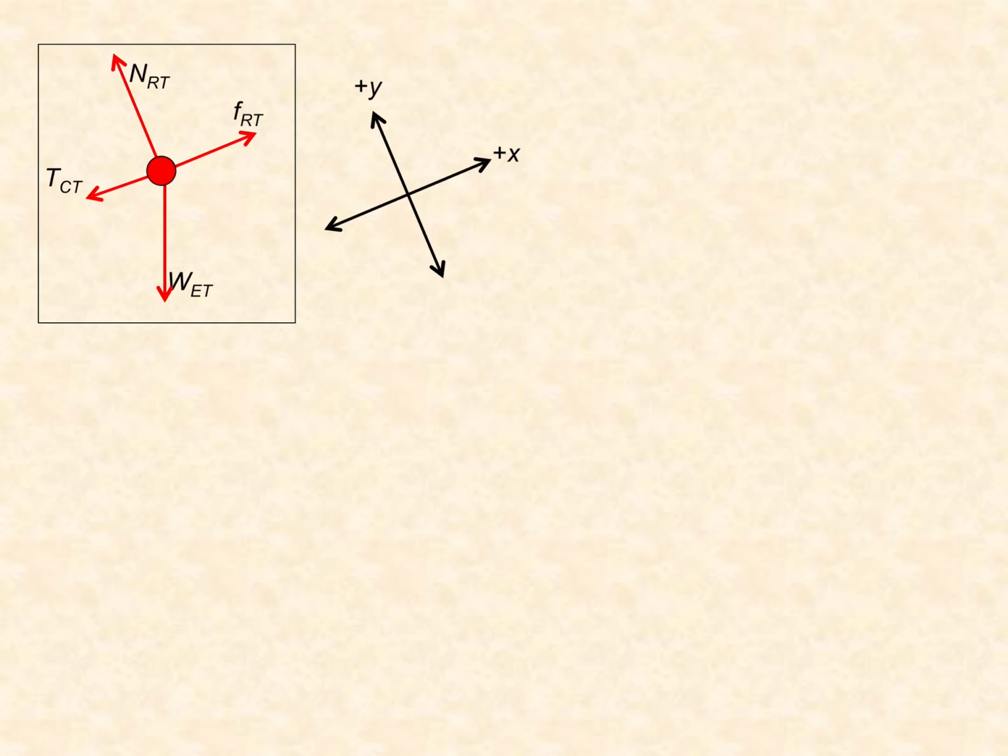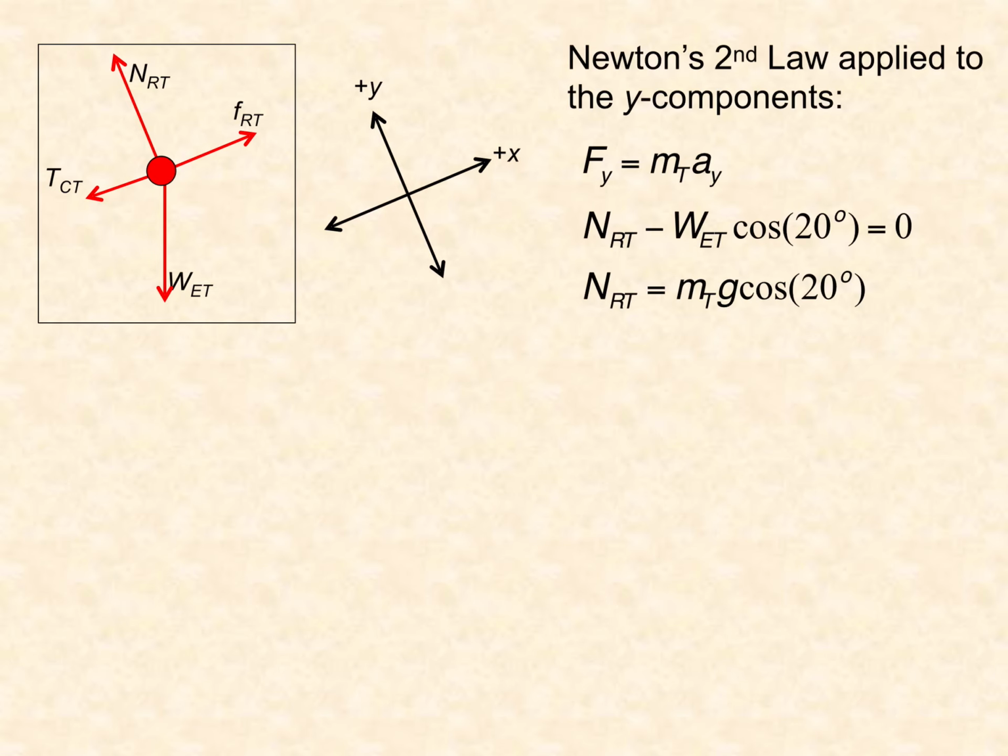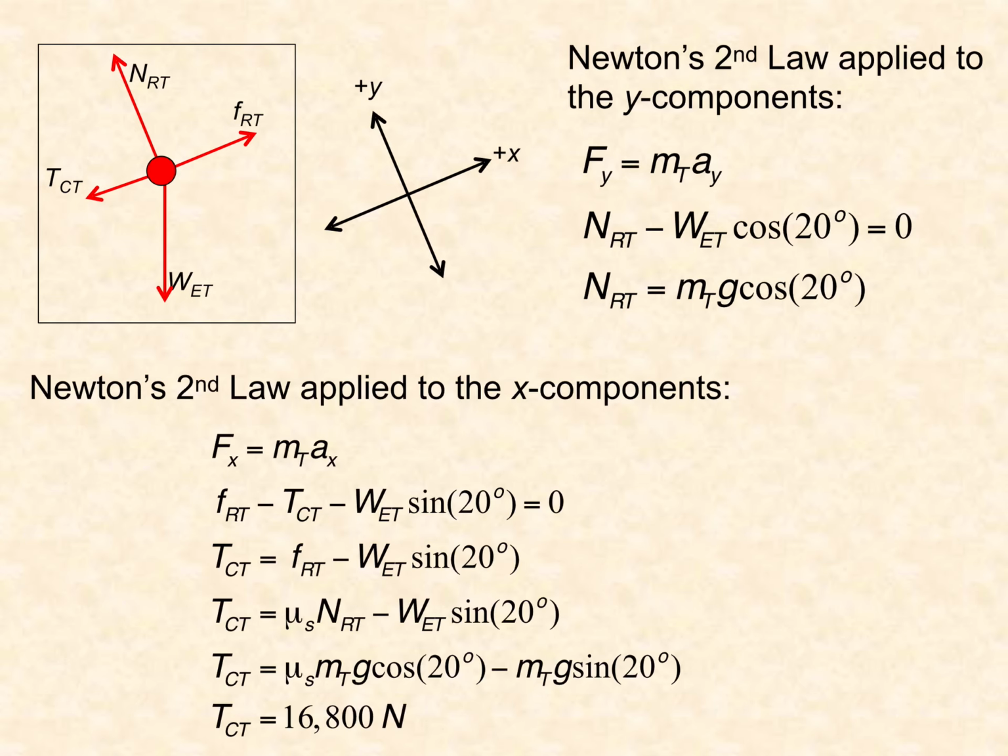And we went through that, and we introduced the idea of a tilted coordinate system to help us minimize the number of vectors that we need to resolve into components. And then with this tilted coordinate system, we analyzed what was happening in the y direction and the x direction, and we were able to deduce that the tension in the cable would be 16,800 newtons.